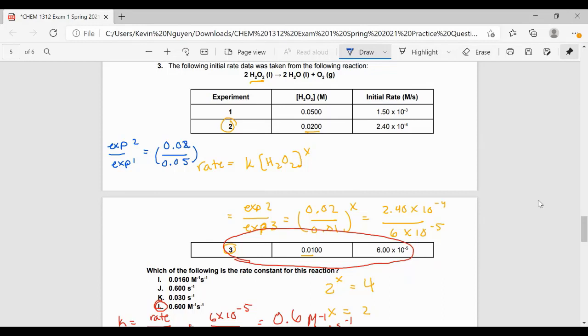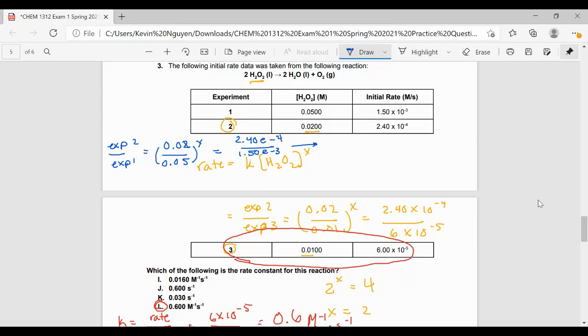Okay. Well, maybe it'll be fine actually. So let's call this y. So that's going to be equal to 2.4 e to the negative 4 divided by 1.5 e to the negative 3.